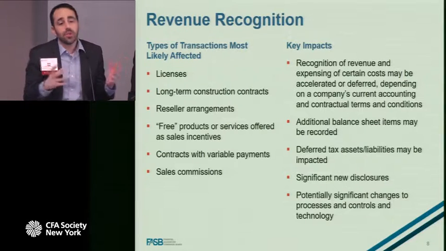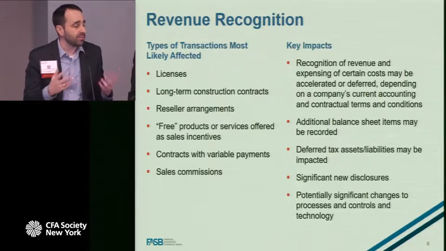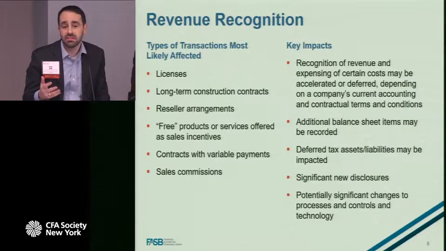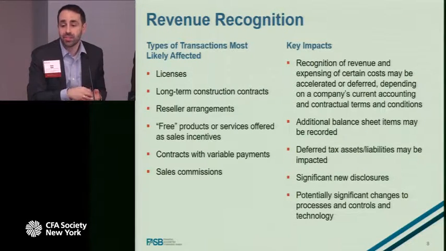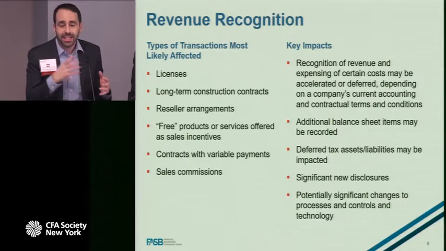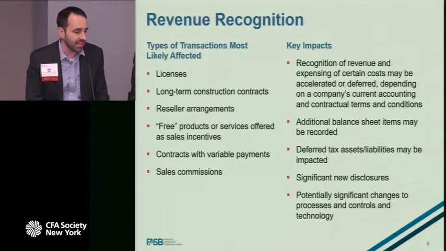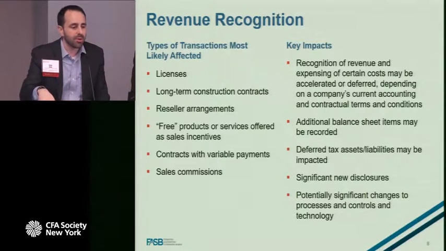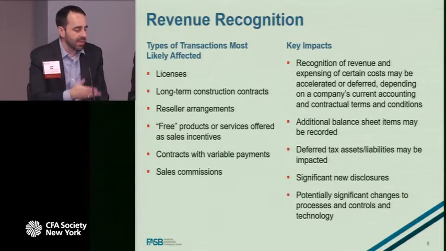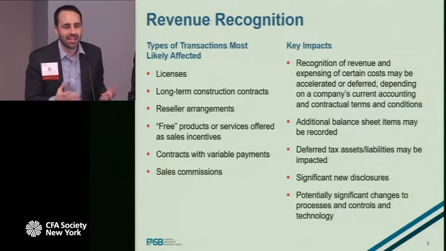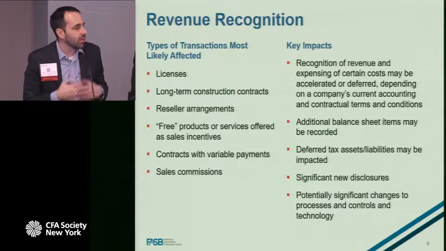So this is a new way of thinking about revenue for a lot of different companies. And in some instances, they're getting back to a similar answer of timing of revenue recognition as they have previously. But it is a different way of thinking about it, and it is a model that's consistent across all industries and types of transactions. Where we have seen a lot of changes, where probably the most significant impacts are going to be, are some of the items on the screen. So a company that has licenses of intellectual property, long-term construction contracts, reseller arrangements.